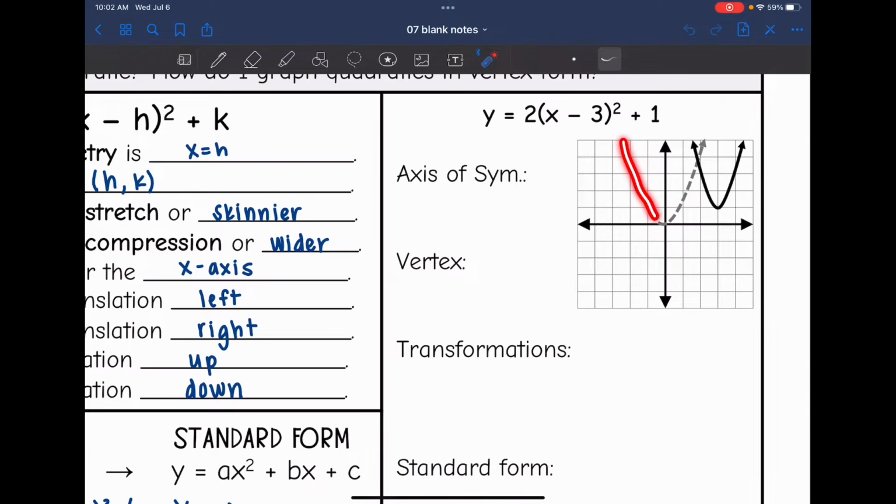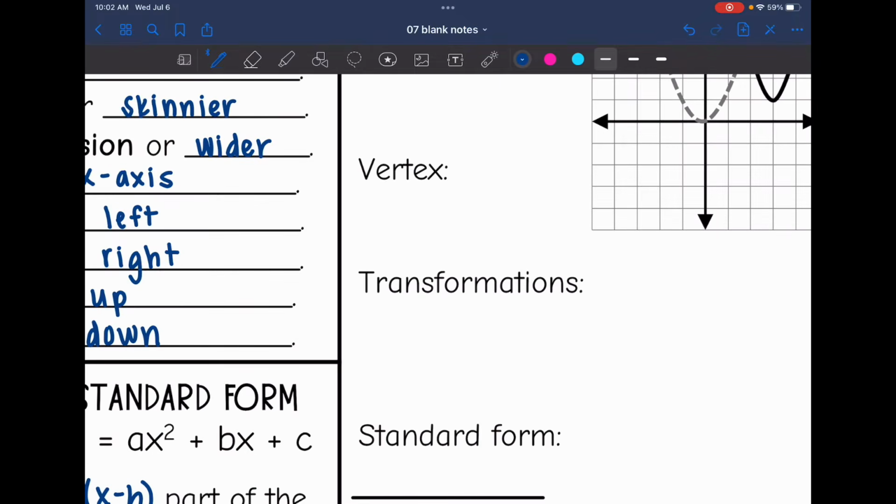So let's go ahead and look at this right here. I have the parent function graphed, and then here is the transformed function. So the first thing that I notice is that this transformed function is skinnier since I had a number that I was multiplying that was greater than 1. So the first thing is that it is skinnier.